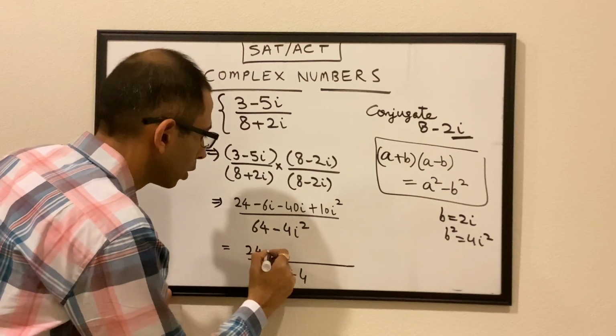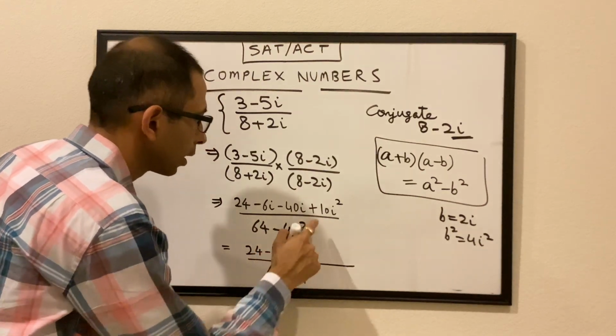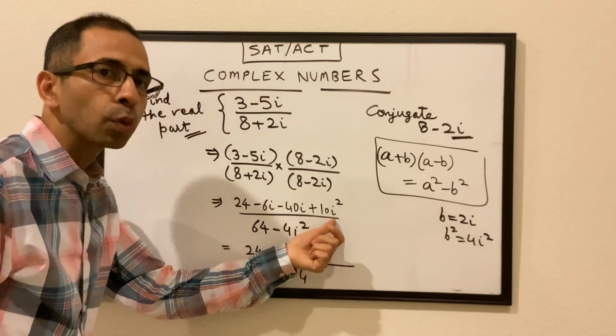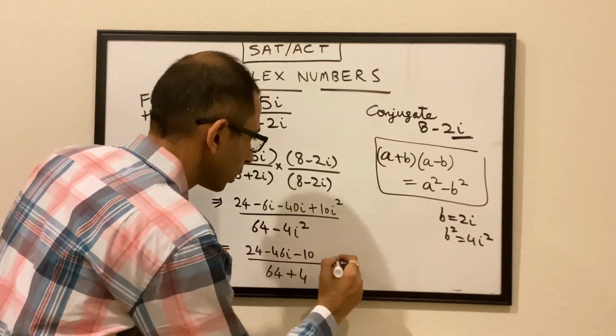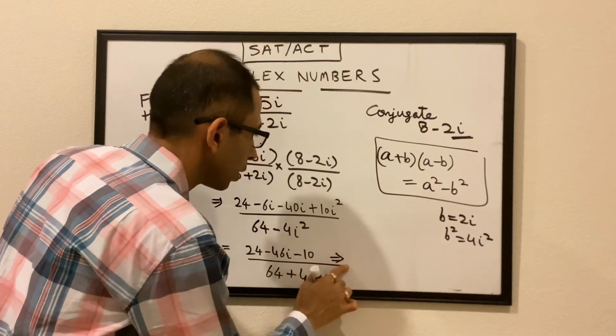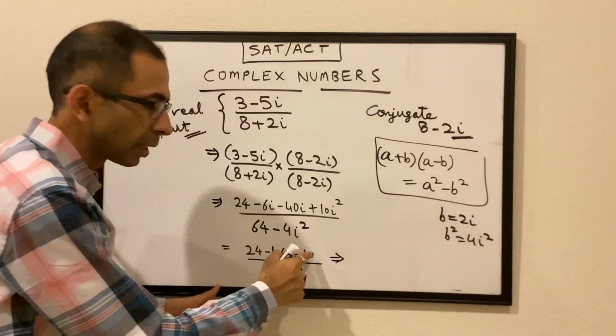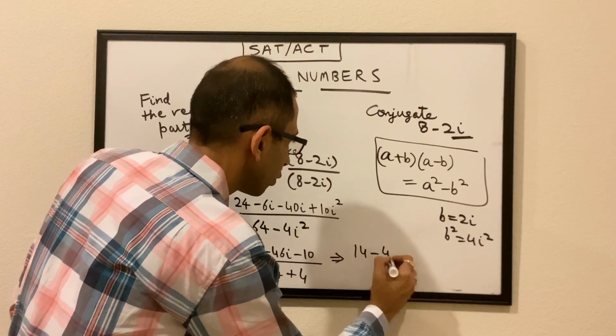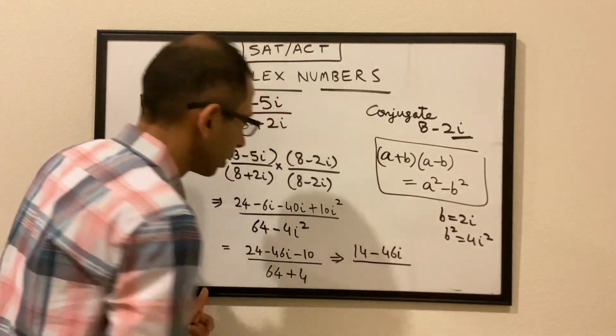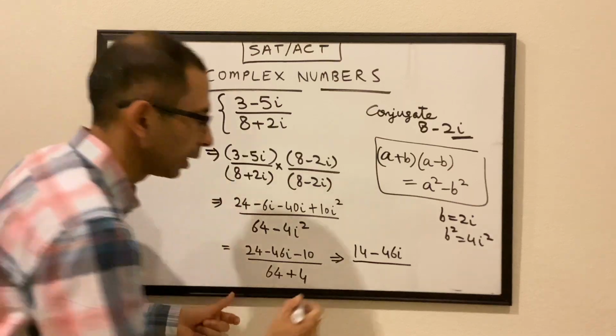So 24 minus 46i and plus 10i square. i square is minus 1, so it becomes minus 10, right? And 24 minus 10 is 14. So 14 minus 46i divided by 64 plus 4 is 68, correct?